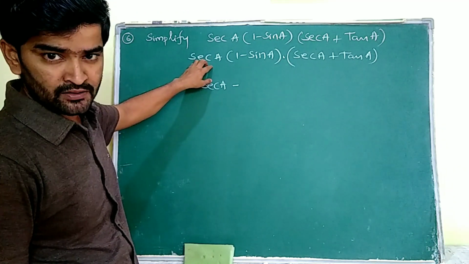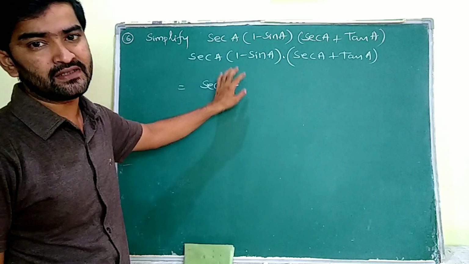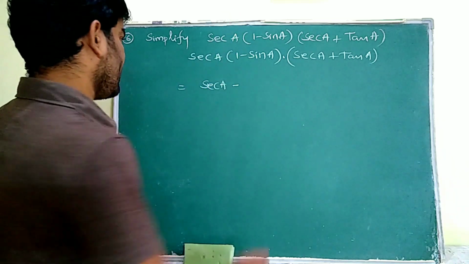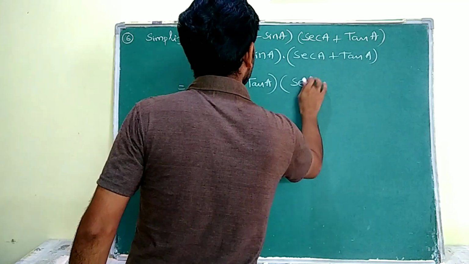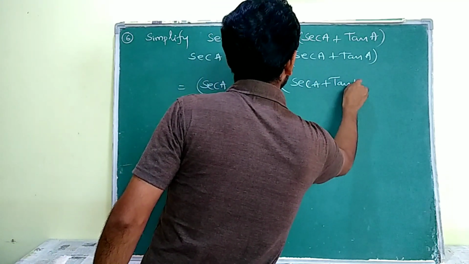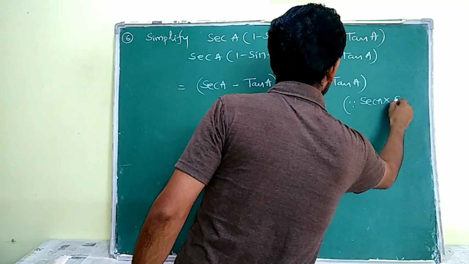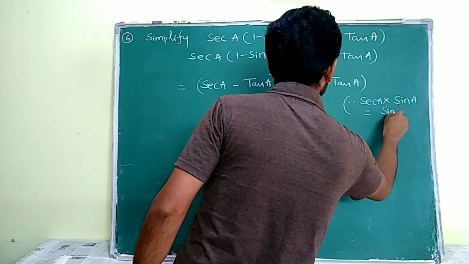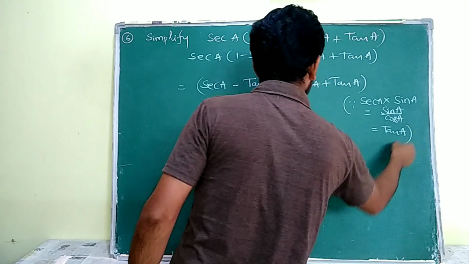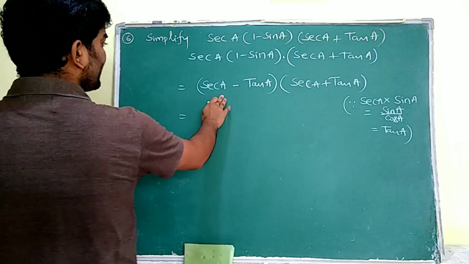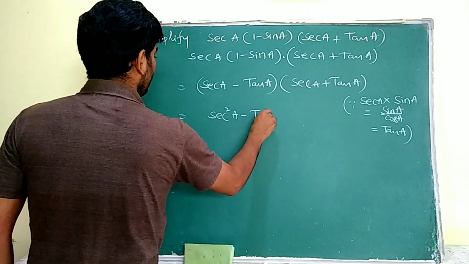For your convenience, I am going to explain you clearly. See ma, secant A means 1 by cos A, we know that. So 1 by cos A into sin A means sin A by cos A. That sin A by cos A is nothing but tan A. Secant A plus tan A. Else if you want to write here, write ma: secant A into sin A is equal to sin A by cos A, that is equal to tan A. Now see, it is like A minus B into A plus B. Then it is expressed as A square minus B square.